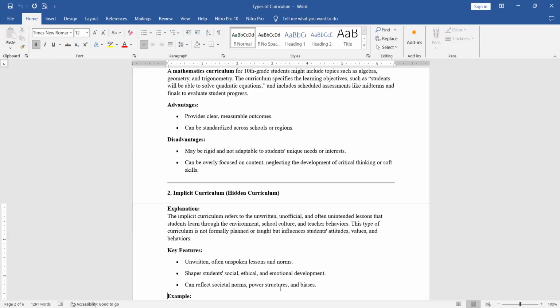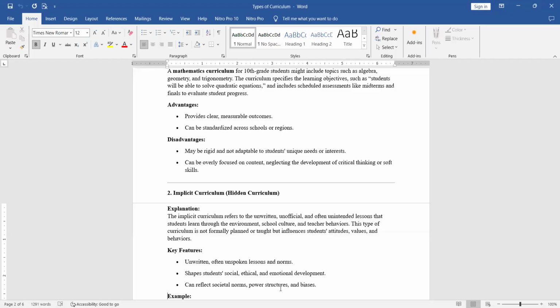But if the teachers are very good, by looking up to them, the students also learn a lot of things which are not actually written down anywhere in a curriculum. This type of curriculum is not formally planned or taught, but influences students' attitudes, values, and behaviors a lot, right?